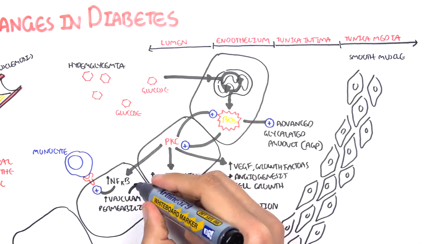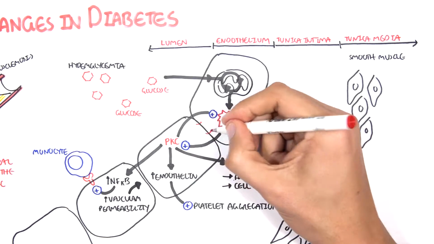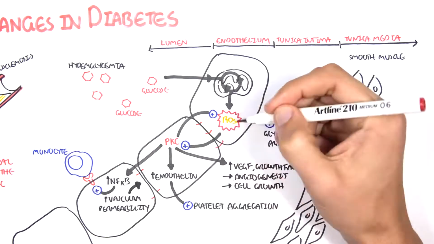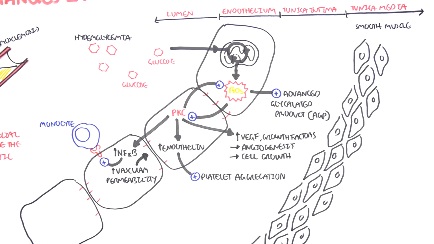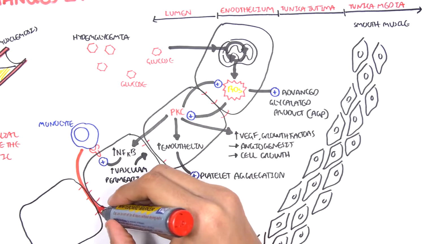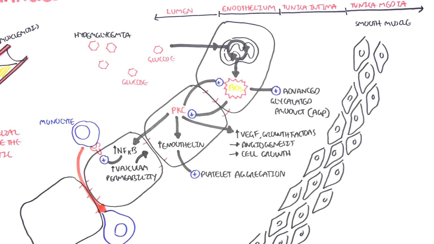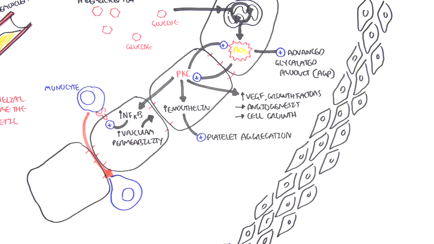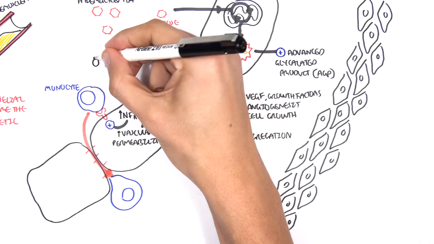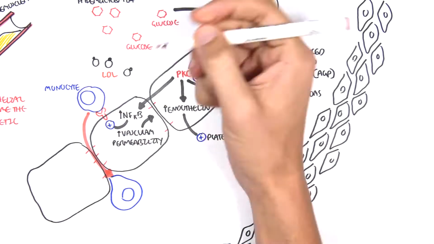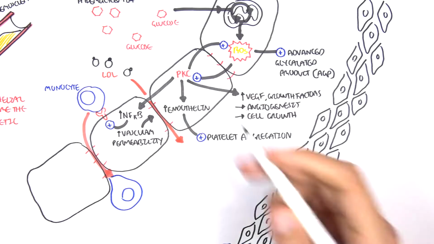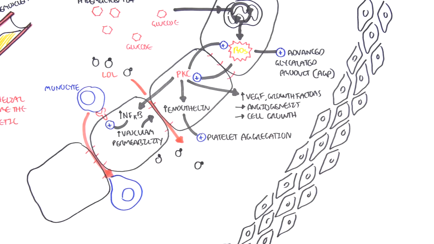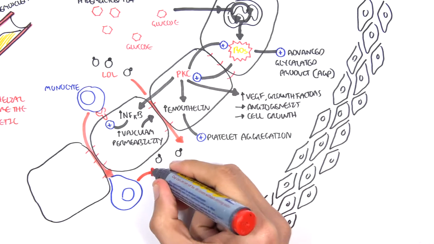Essentially, the increase in vascular permeability and receptor expression allows monocytes circulating the blood to pass through the endothelial layer and enter the tunica intima. The increase in vascular permeability also allows LDLs to pass through. LDLs are low-density lipoproteins. So now we have LDLs within the tunica intima and monocytes.